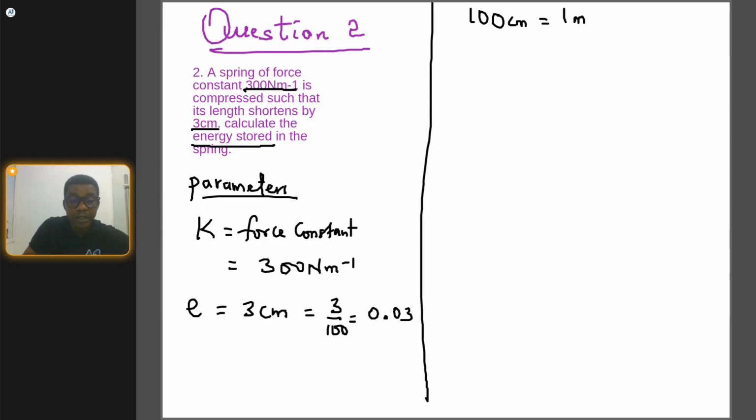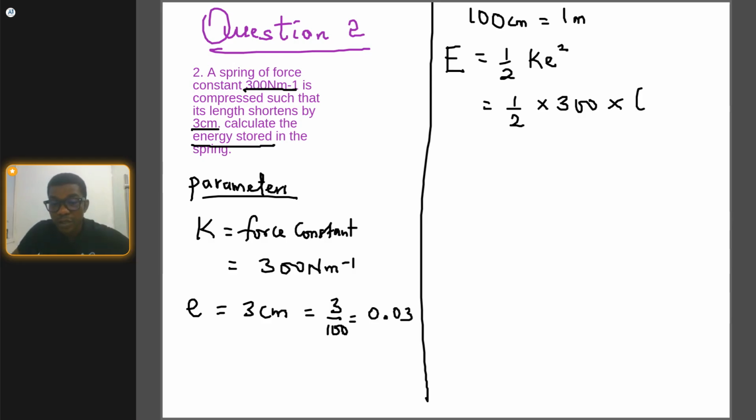Now we can solve for the energy stored, which is 1/2 K E squared. 1/2 multiplied by K, which is 300, multiplied by the extension, letter E, which is 0.03 all squared. We have 1/2 multiplied by 300.